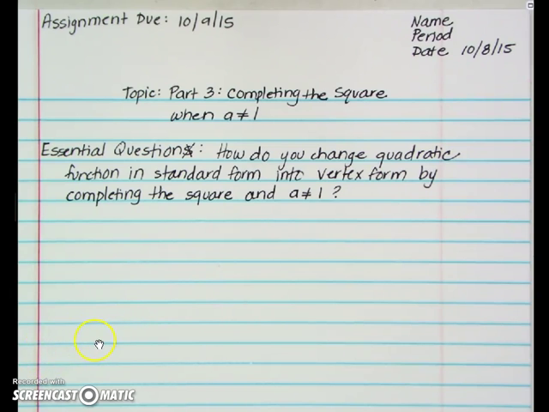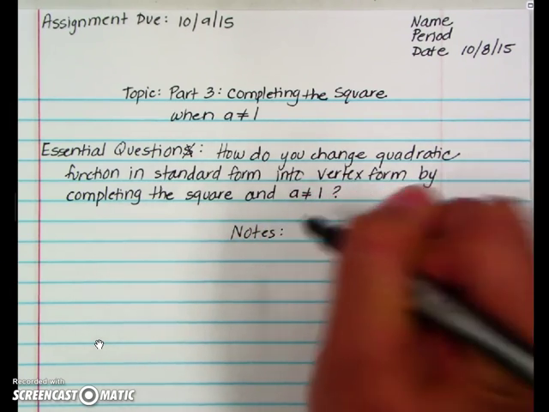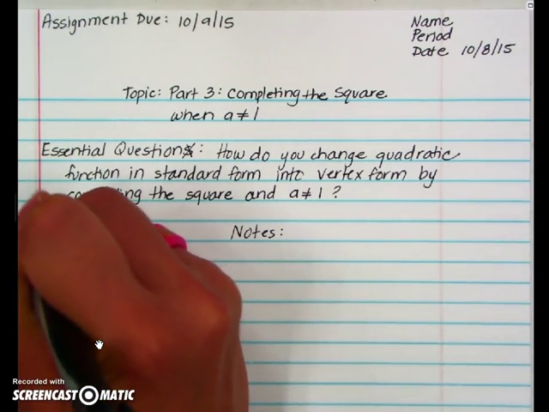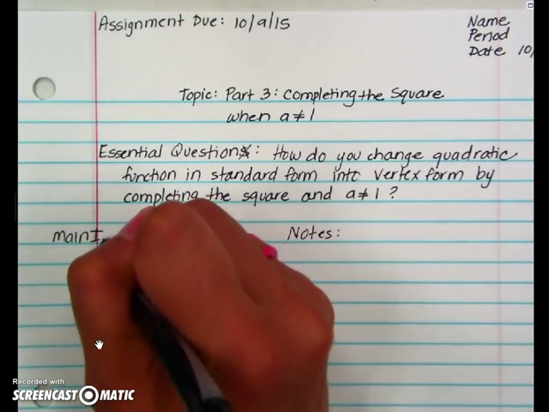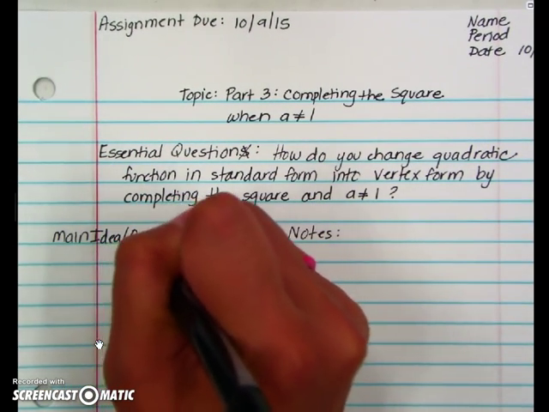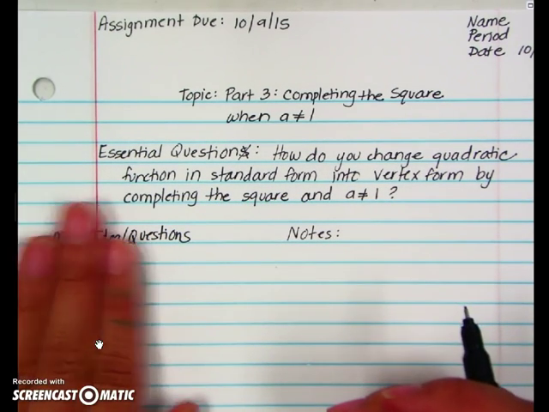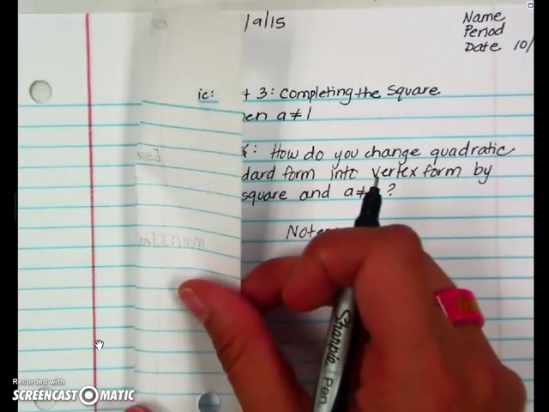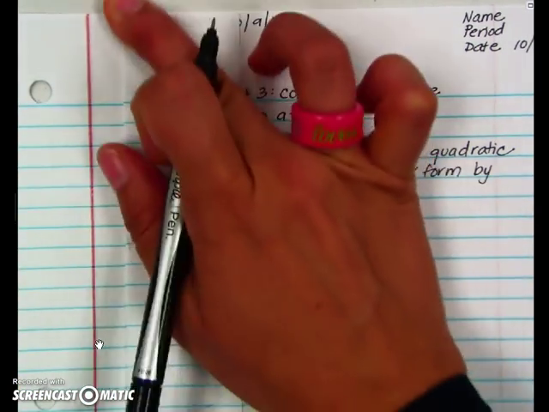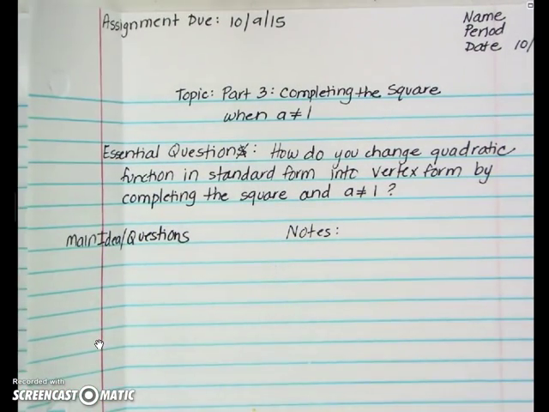You're going to set up your notes here, and then of course on the other side is where your main idea and questions are to be posted. Remember, you use your 3 fingers, you fold the paper over. Okay, so tomorrow, don't forget, not only do you have to watch the video, but you also have to summarize the main ideas and the questions that you may have.